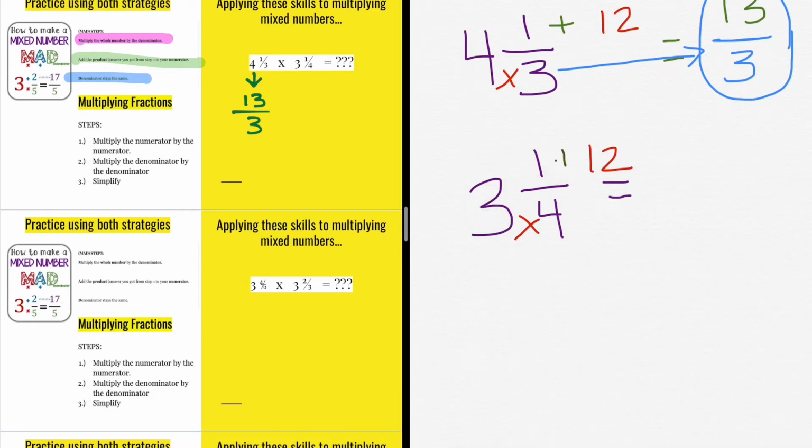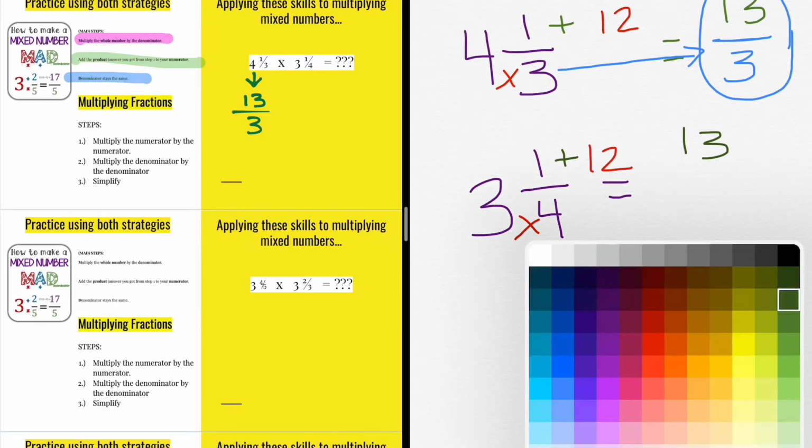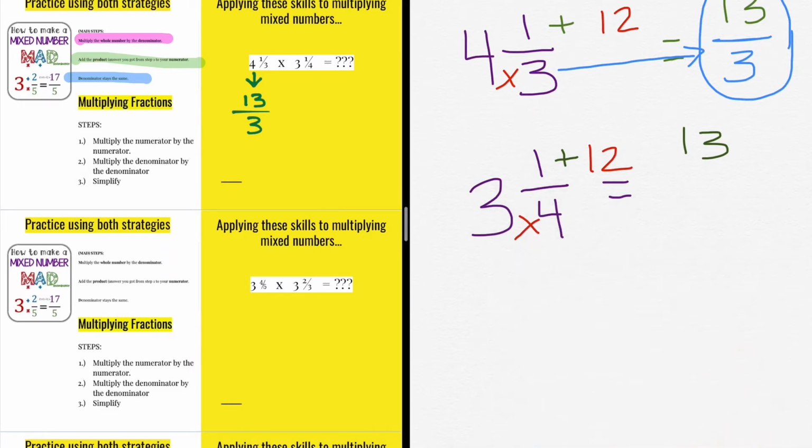And I know that means I have to add my 1 and the 12. And that gives me 13. And then my final step is to take my denominator and bring it over because it stays the same. So I have 13/4. And now I can write that into my problem.